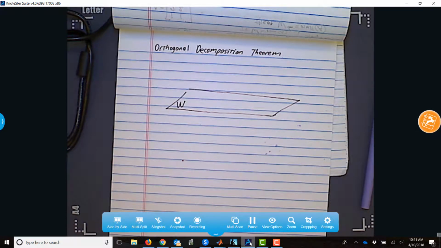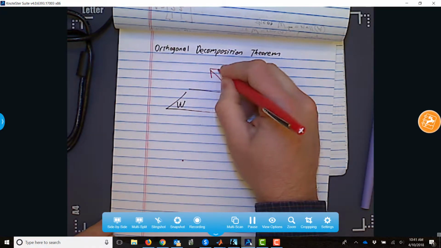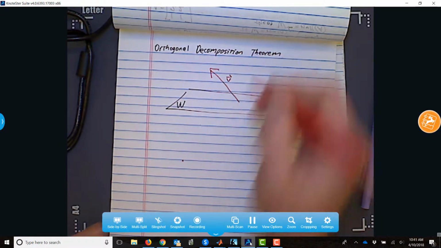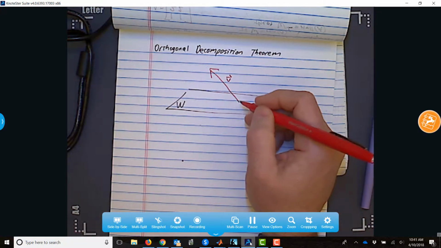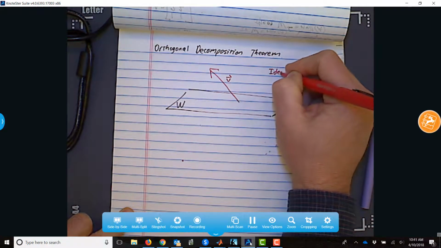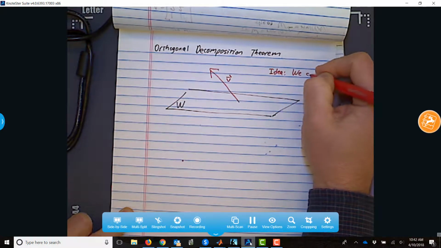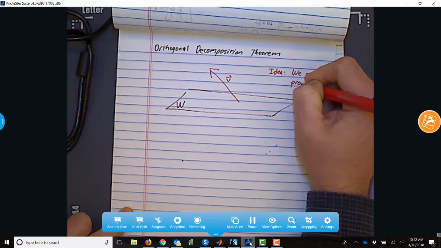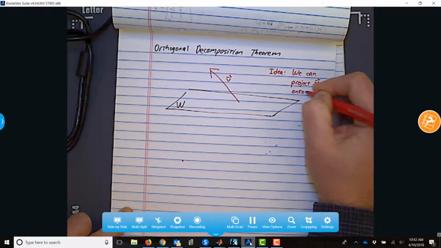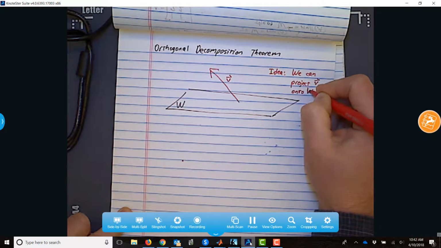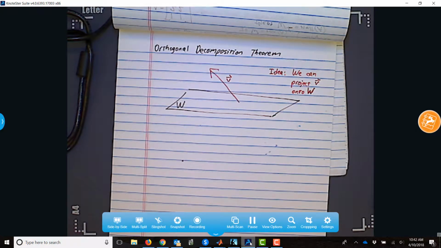And let's say that this is my vector V. So the idea is we can project V onto W, and you get a unique vector.